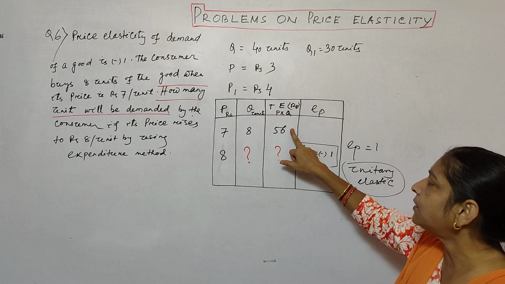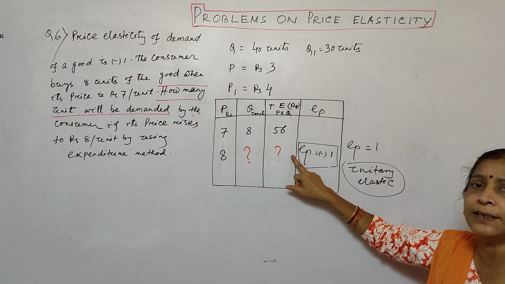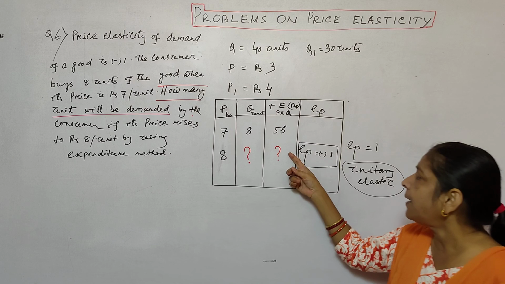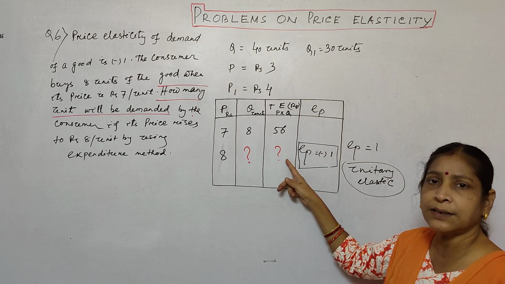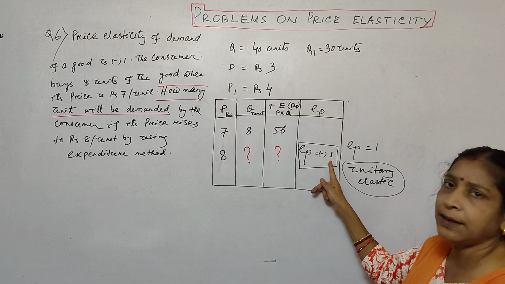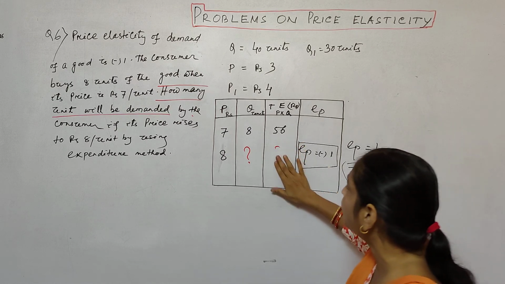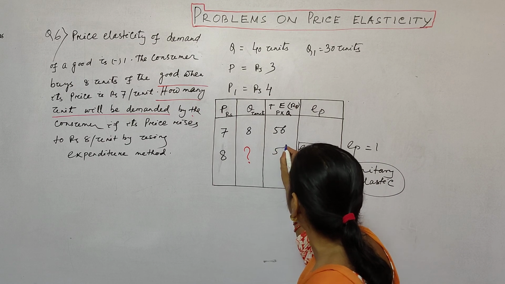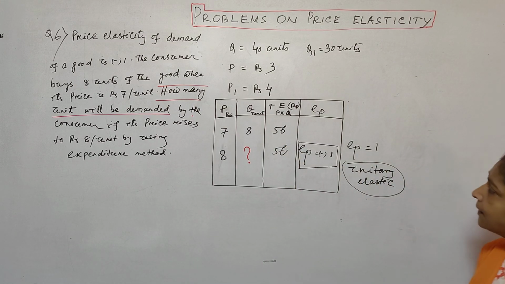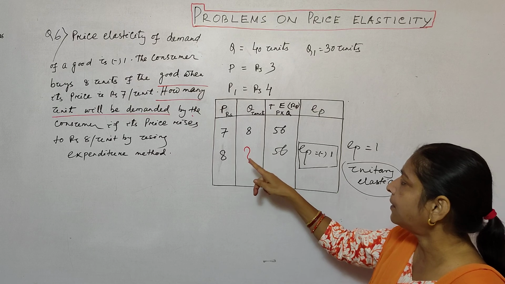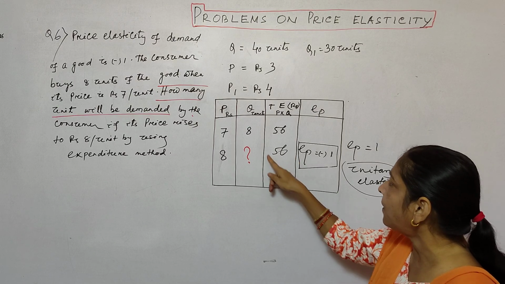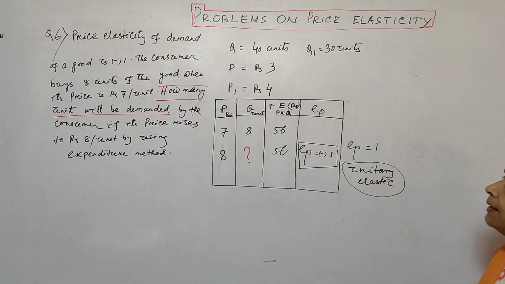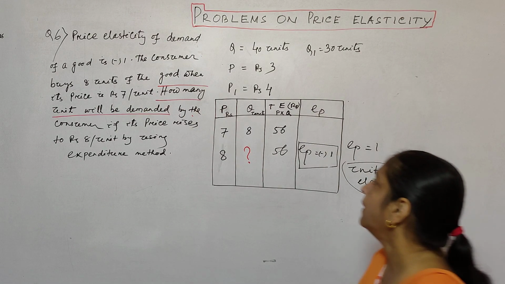The initial expenditure will also be the final expenditure. Only if the initial and final expenditure remain constant will EP be 1. So the final expenditure in this case is 56, though they have not given this 56. With the help of this final expenditure, we will now calculate the final quantity demanded.